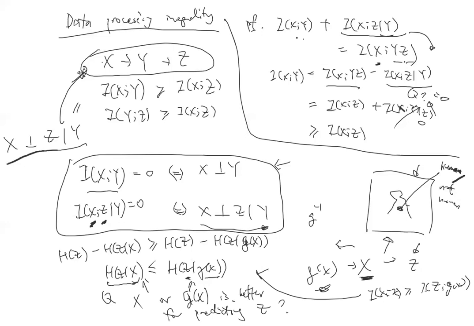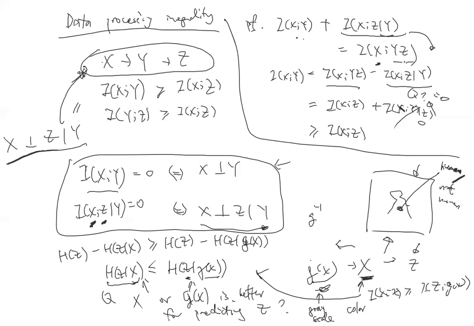For example, my processing can be just taking a color image and changing it to grayscale. Let's say g(X) is the grayscale of the original color image. Now in that case, g is not invertible, right? So I cannot invert this information back to X.